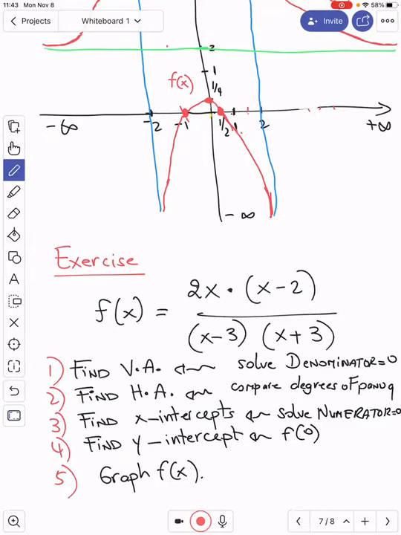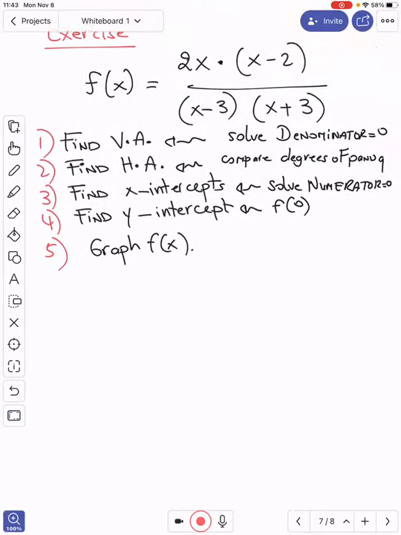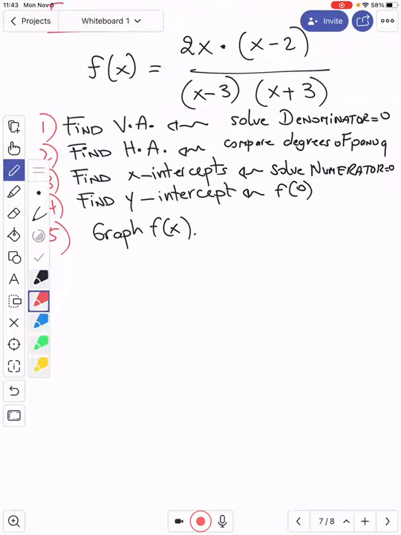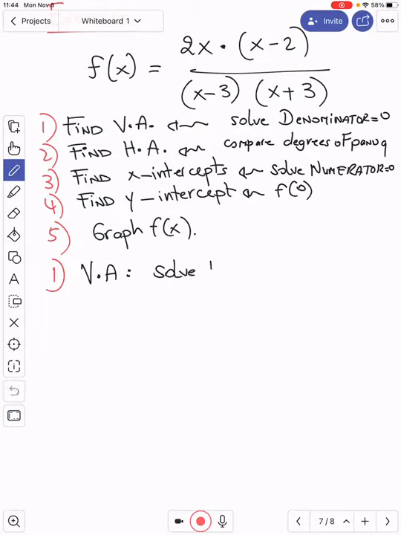All right, guys, we have about 7 minutes left, so I'm going to go over this exercise. As I said, Wednesday we're going to do more exercises. First, the vertical asymptote. We need to solve the denominator equal to 0.